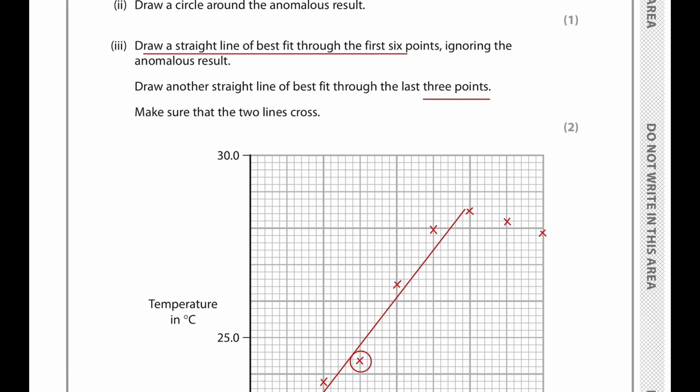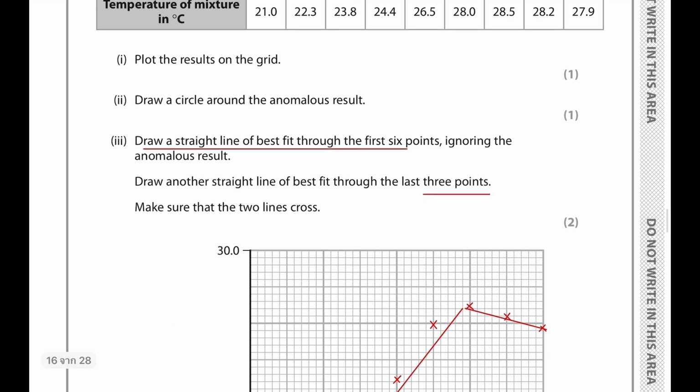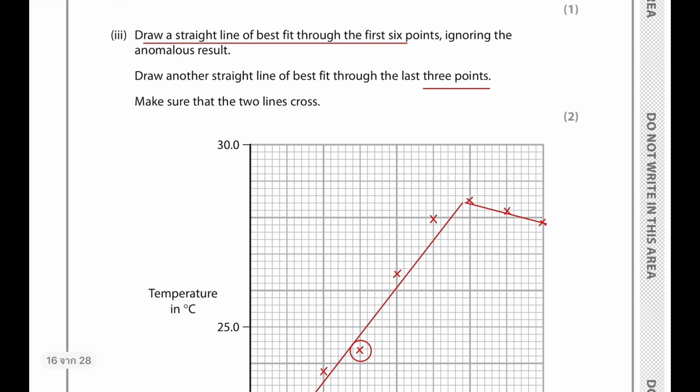Okay, so we will have this one. Then make sure that the 2 lines cross.